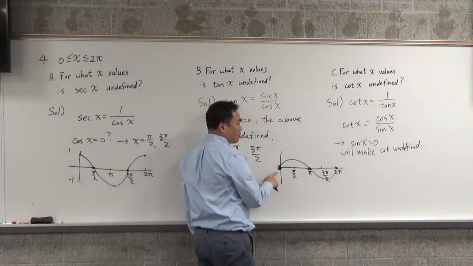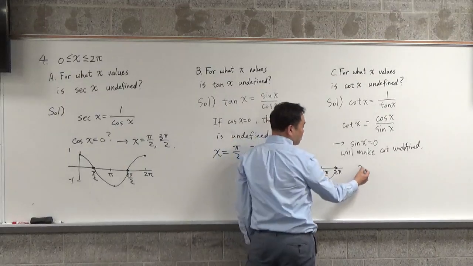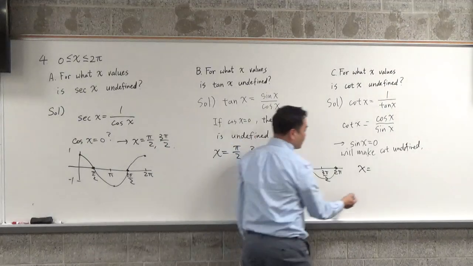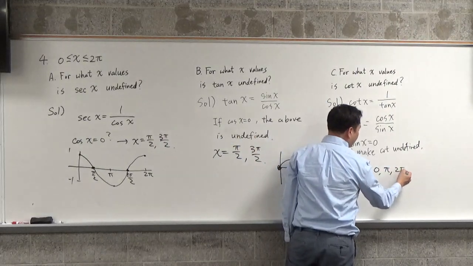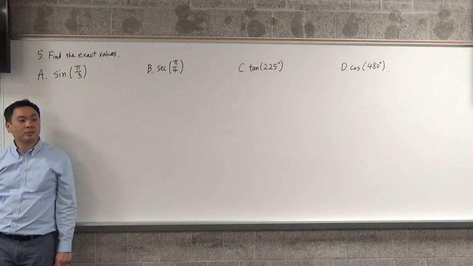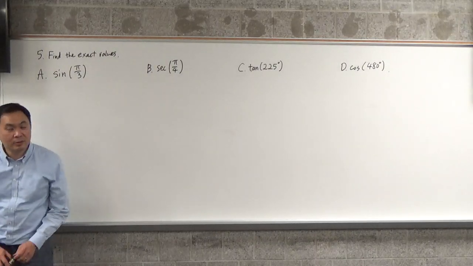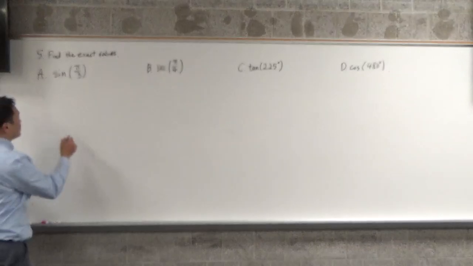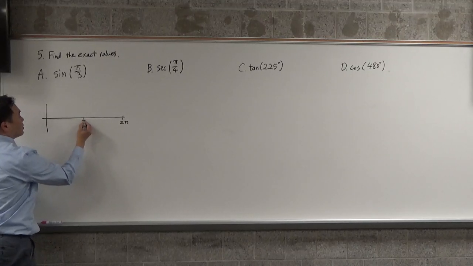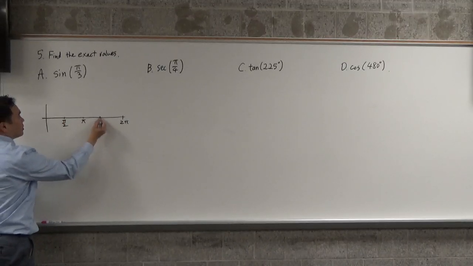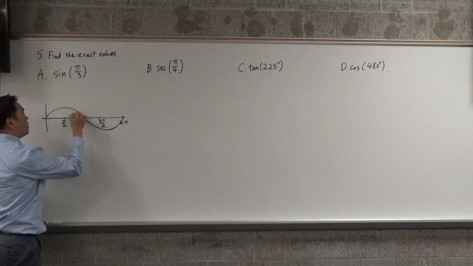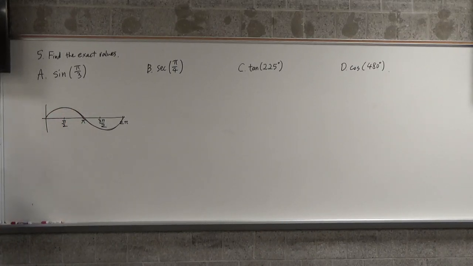So what are the x values that will make sine x equal to 0? x equal to 0 and then pi and then 2 pi. That's the sine graph, right?